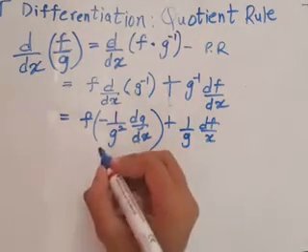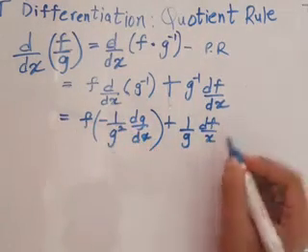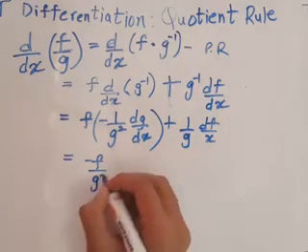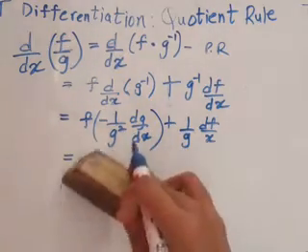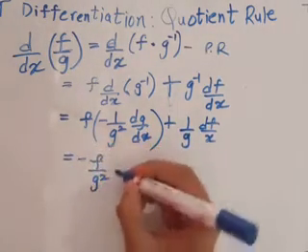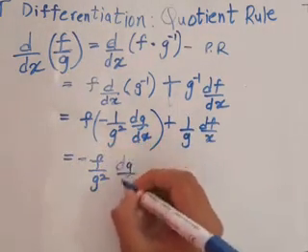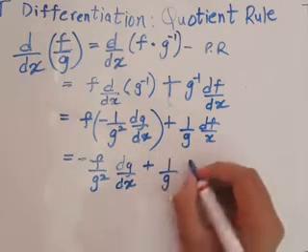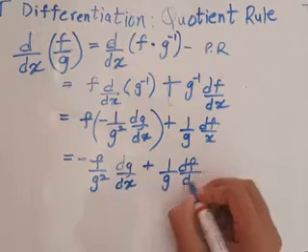Now what I'm going to do with this whole thing is, of course, first simplify this a little bit. So this is minus f upon g square times the derivative of g with respect to x, plus 1 upon g times the derivative of f with respect to x.